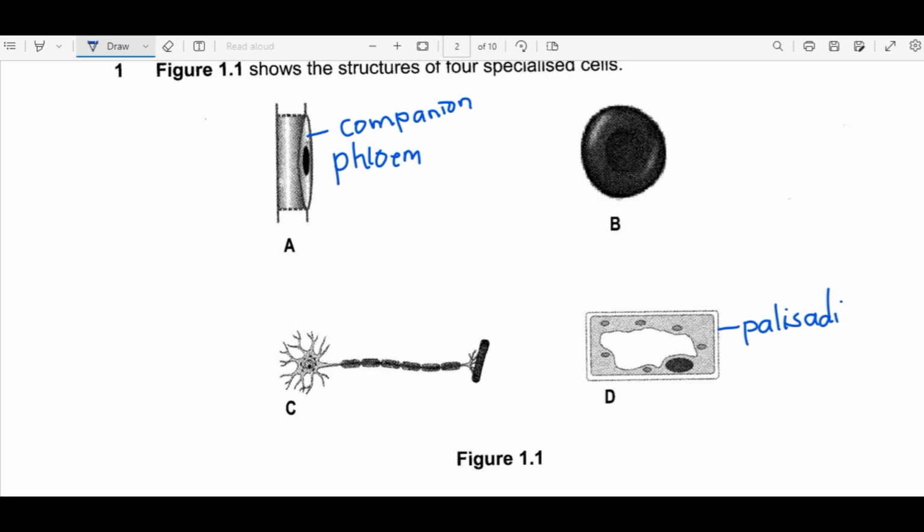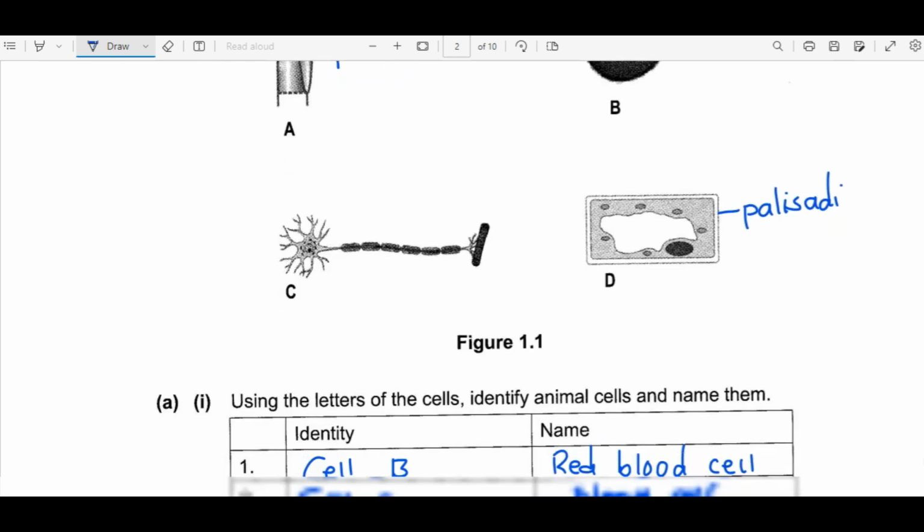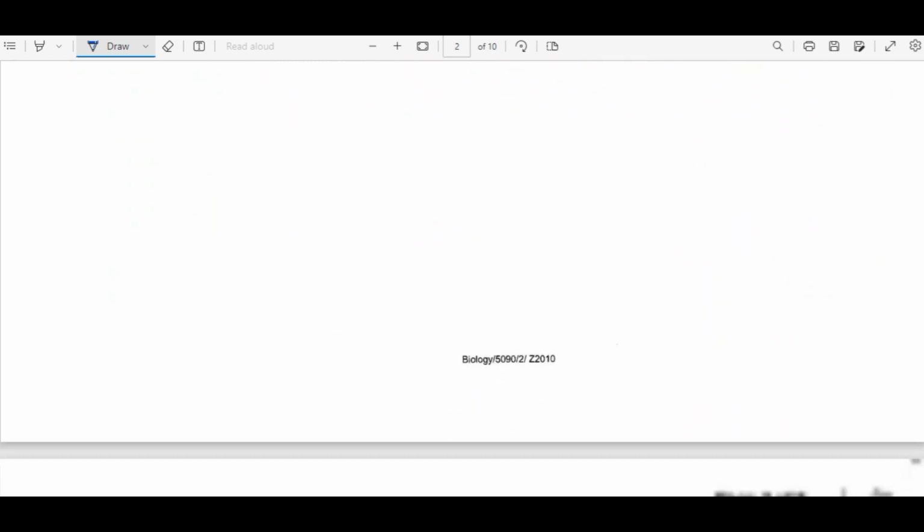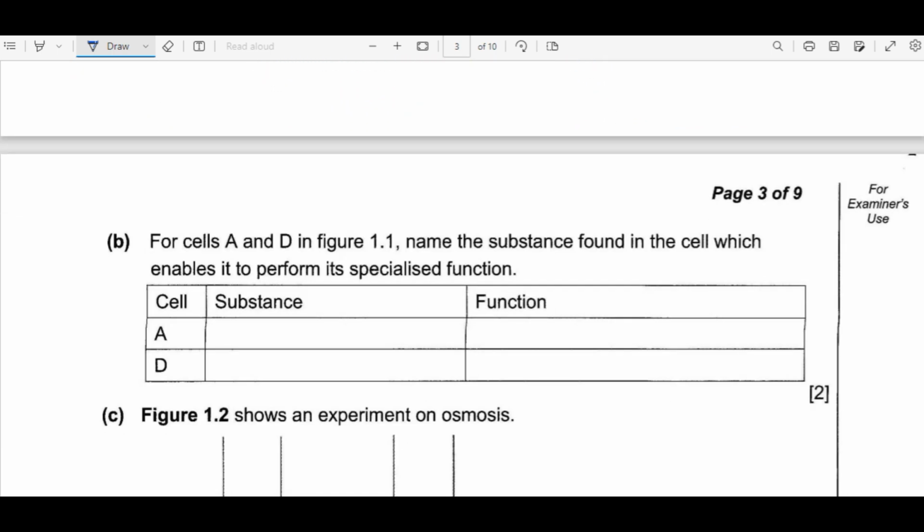So palisade is high concentration of chloroplast, and this is where the process of photosynthesis is high due to the high concentration of chloroplast. So for cell A, substance, we'll just say companion cell.